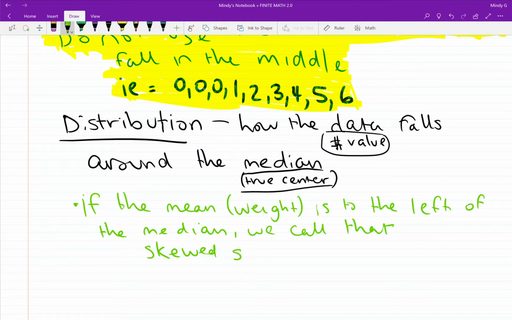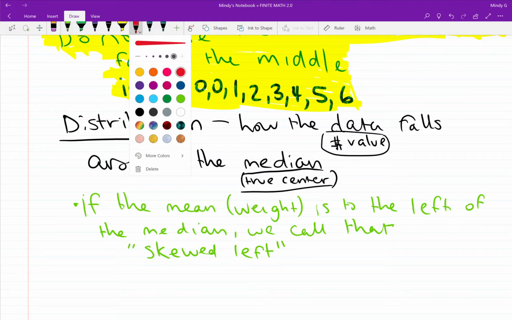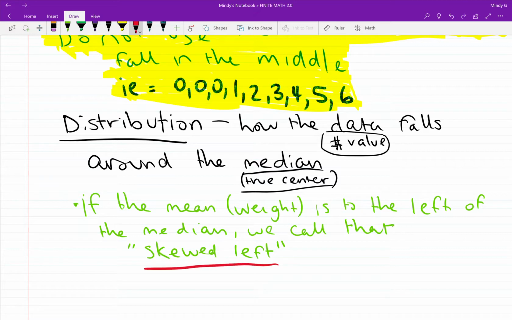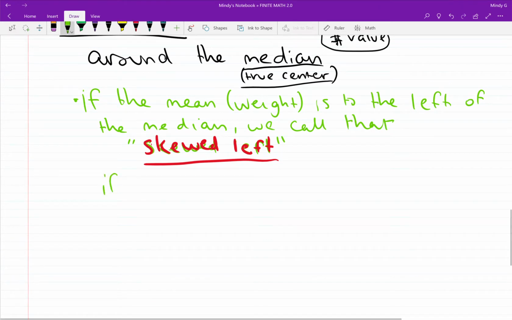If something is skewed, then that means the weight is falling to the left. When you squint your eyes, most of those little dots are to the left. If the mean, or the weight, is to the right, it's skewed right.